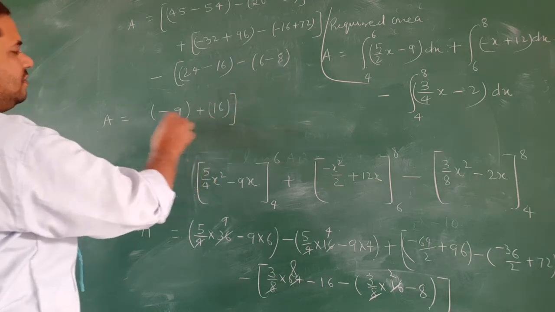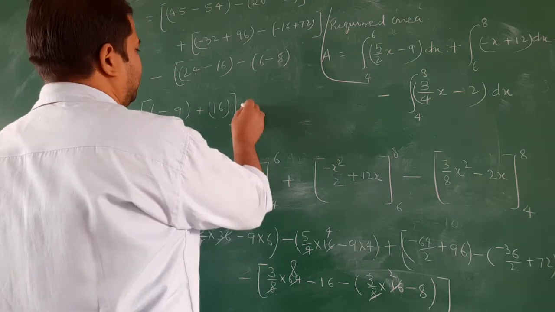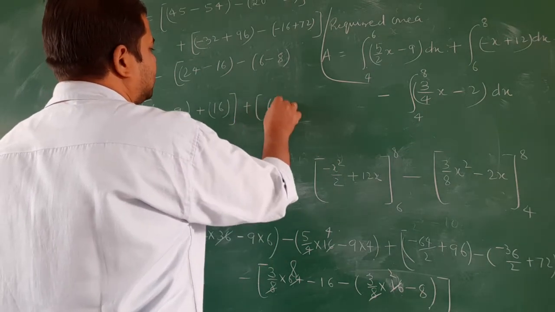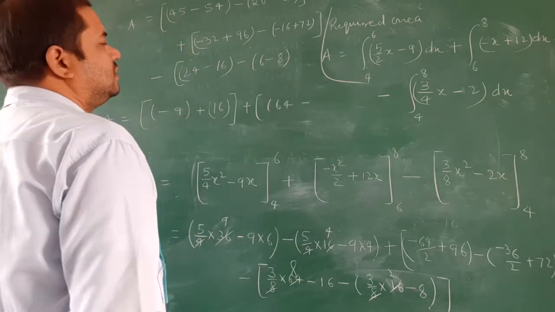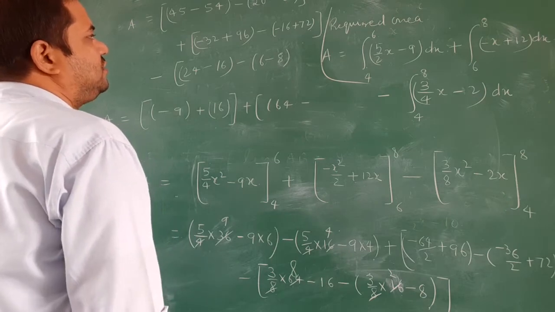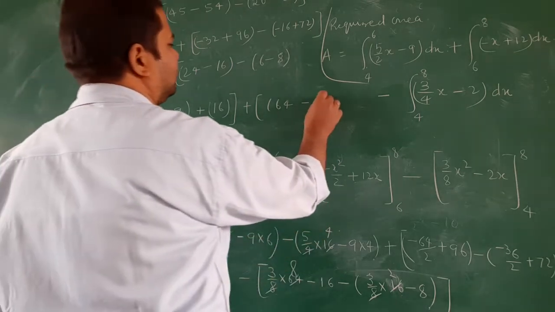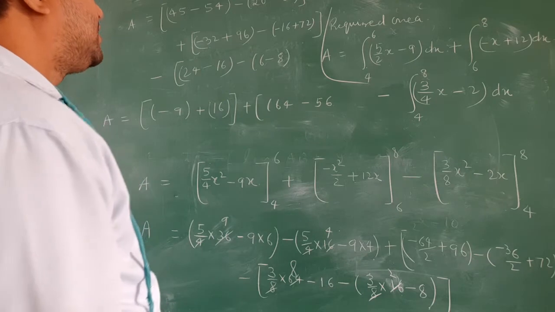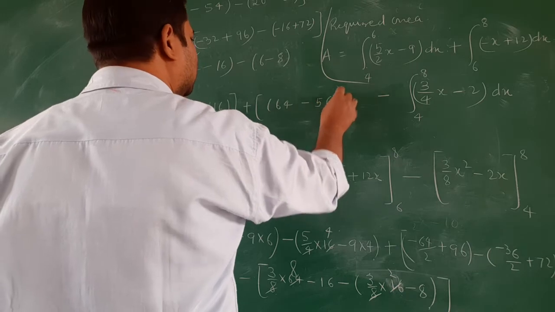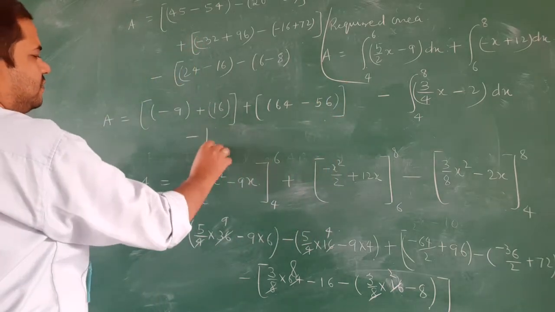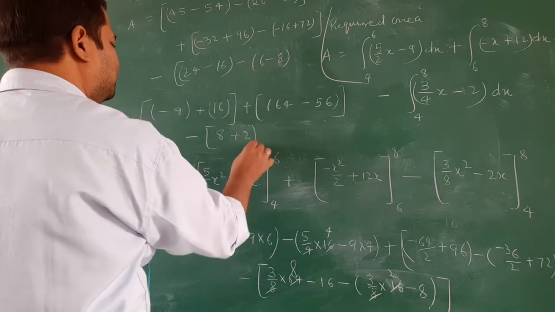Minus 9 plus 16, and this is 64 plus 64 minus of 72 minus 16, and this is 56 plus 16, 72, so this is minus of plus 56 and negative of, this is 8 minus 6 minus 8 minus 2 plus 2.